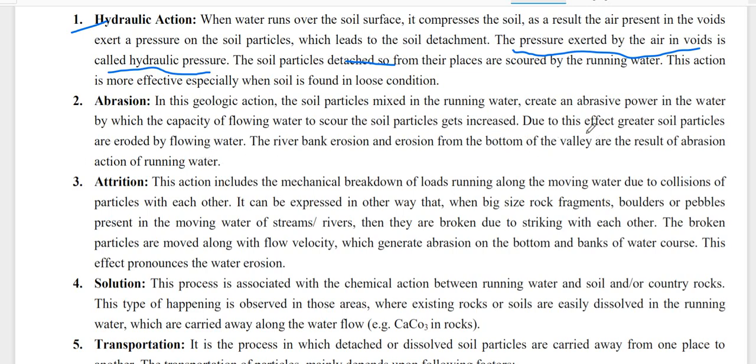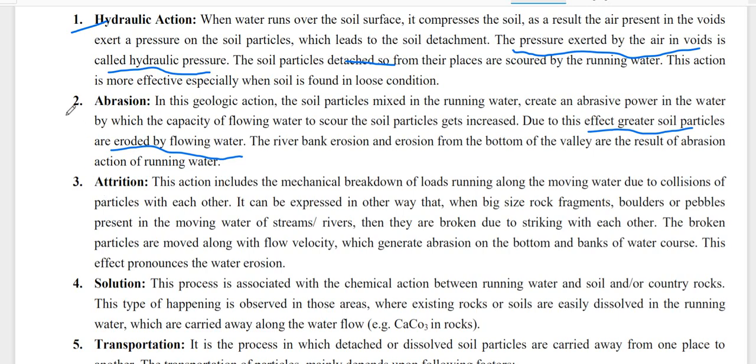Yeah, greater soil particles will be eroded by the flowing water. The river bank erosions and the erosions from the bottom of the valley are the result of the abrasion actions of the running water. Yeah, river bank, क्योंकि जो soil particles को mix करना है ना, तो river bank soil particles will be mixed and it will be eroded, and bottom of the valley and bank also, दोनों.